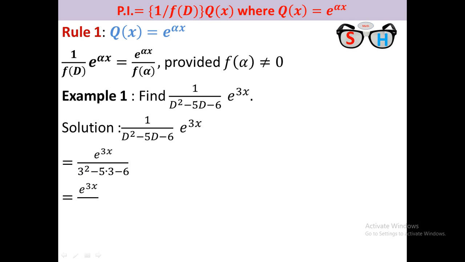That is minus 1 by 12 into e to the power 3x. This is the answer. You see that the denominator is non-zero for the particular value of alpha. Therefore we get the solution using this rule.